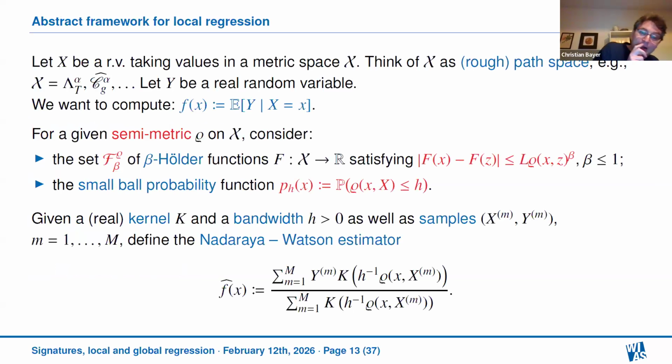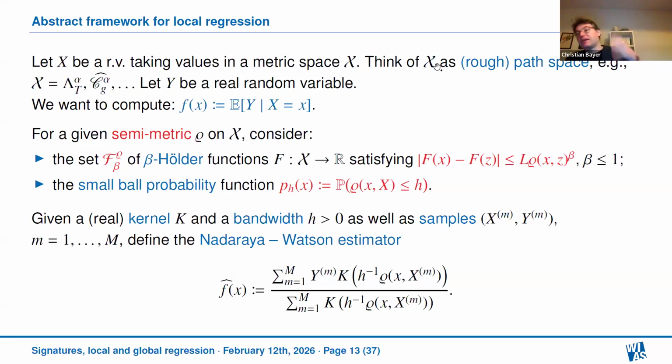Right. And now let's look at the first application. I'm going to look at local regression on path space. And here, let me actually abstract a little bit. Instead of talking about path space, I'm going to think of a generic metric space.